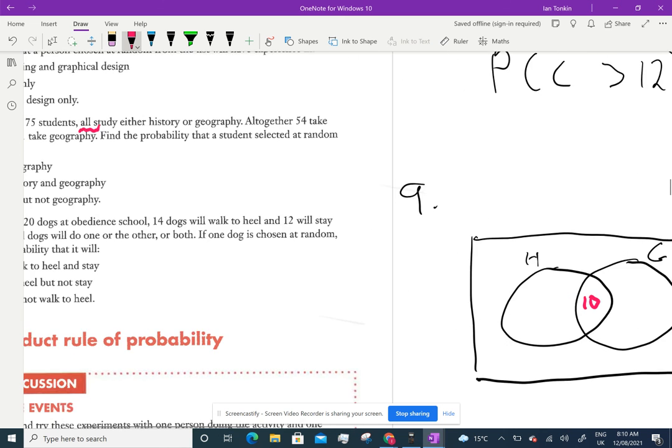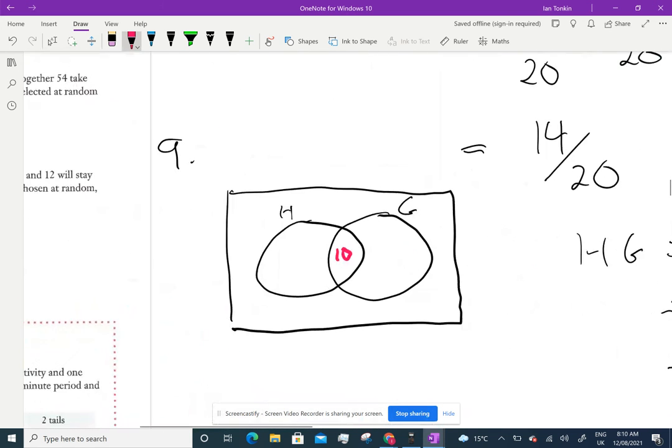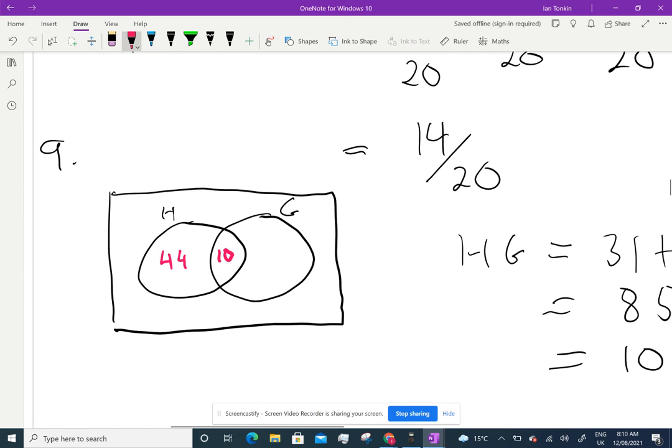Now, how many do history? 54. Now, if I take 10 away from 54, it means I get 44 here. How many do geography? 31. If I take 10 away from 31, I get 21 in here. Now, it's always a good idea to check that this, and this add up to the total.